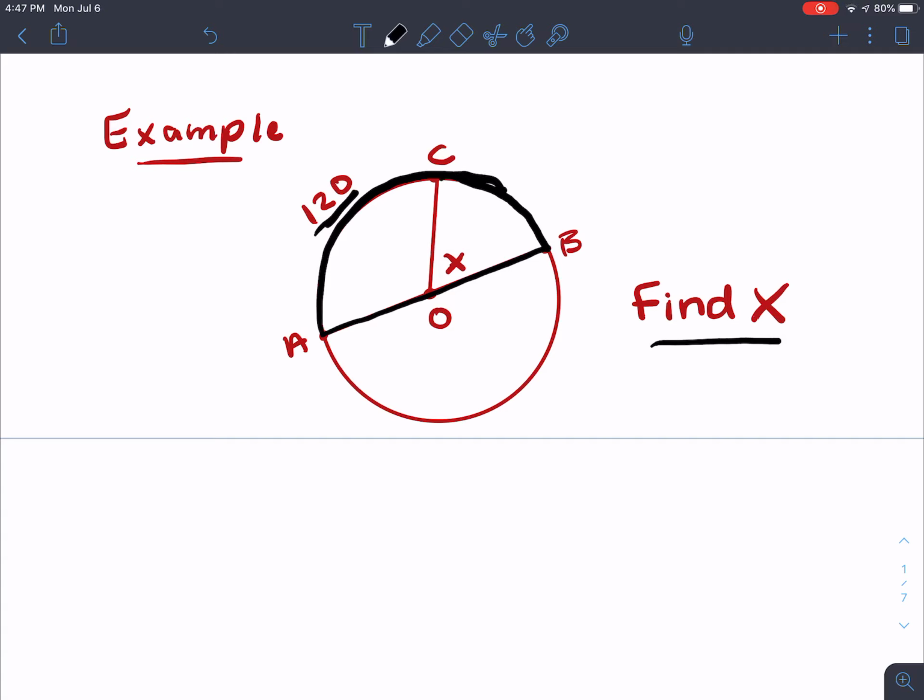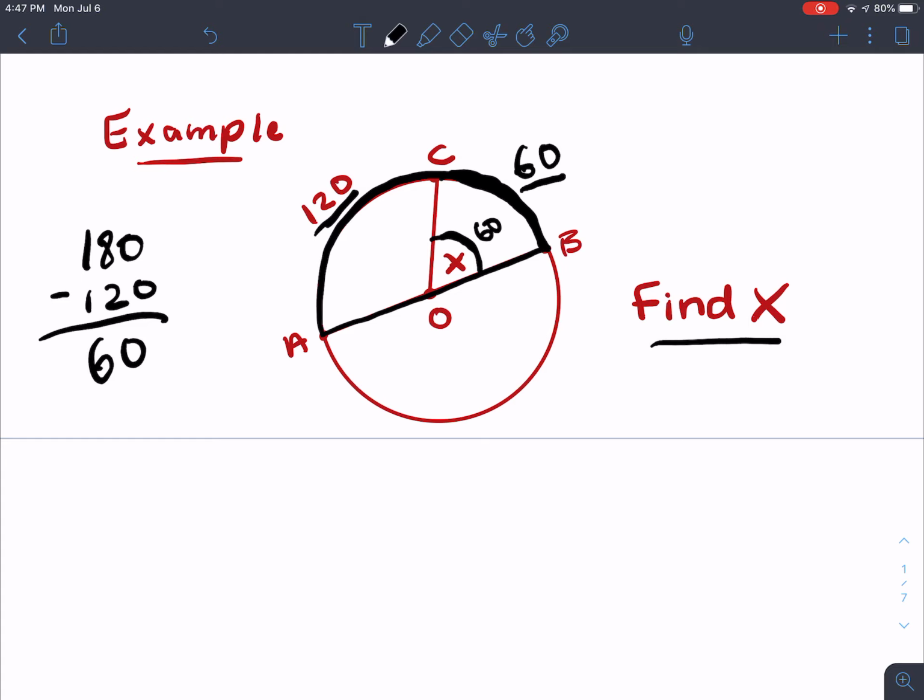So to find this arc, we just need to do 180 minus 120, which will give us 60. So the measure of this arc is 60 degrees. And if this is 60, the angle's measure is also 60 degrees. So x is 60.